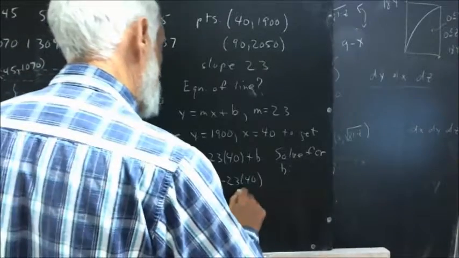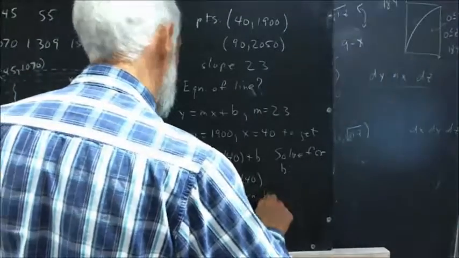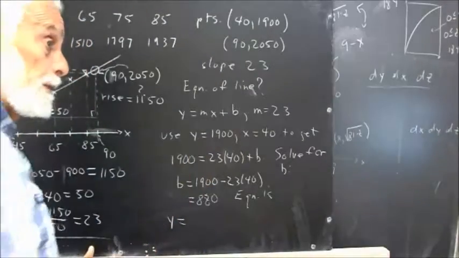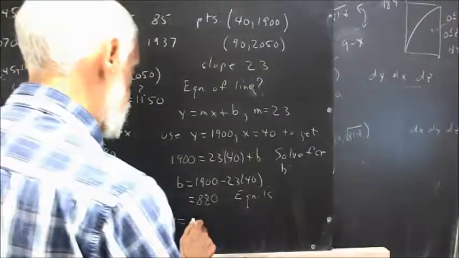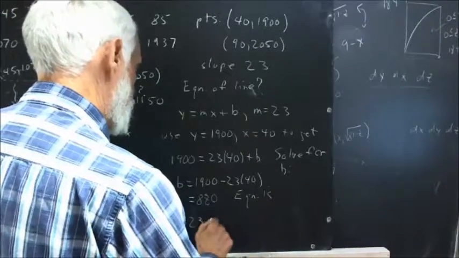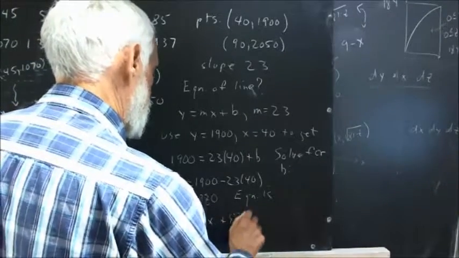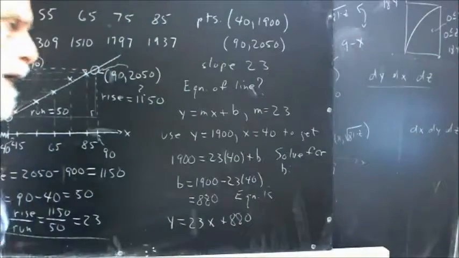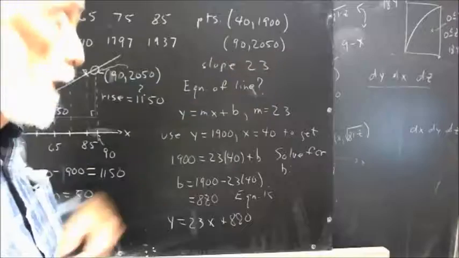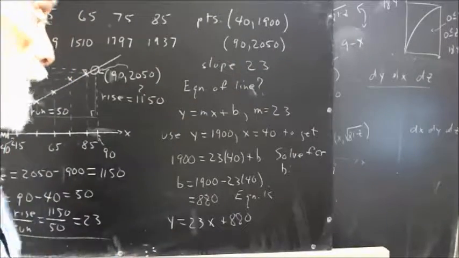So the equation is y equals mx plus b. Y equals 23x plus 880. To check this, we can plug the coordinates of this point in. They should give us an identity.